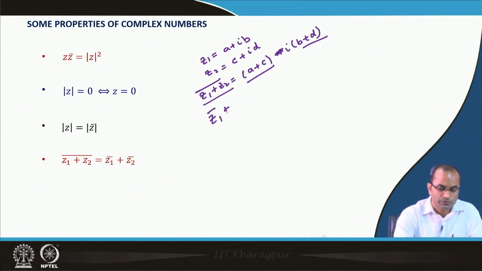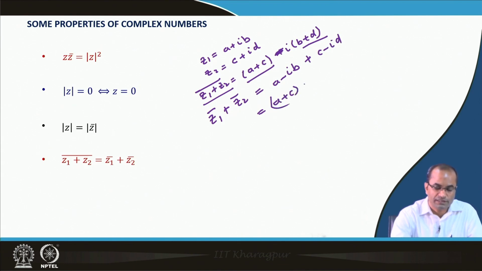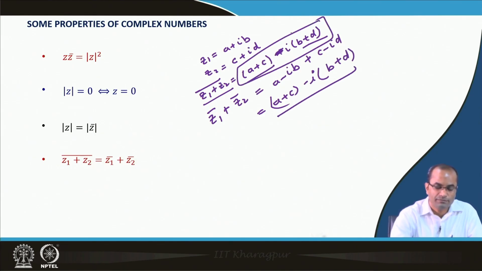When we talk about the individual conjugates, we have a minus i b and then c minus i d, and the result would be the same, because we have a plus c and then minus i times b plus d. So this and this are the same. Therefore, the conjugate of z 1 plus z 2 is equal to the conjugate of z 1 plus the conjugate of z 2.